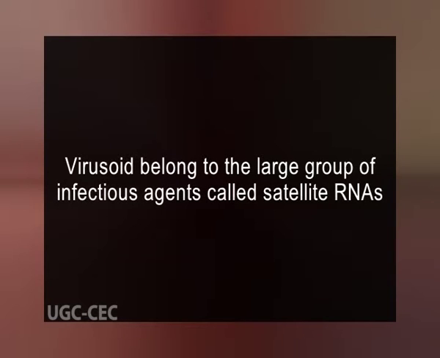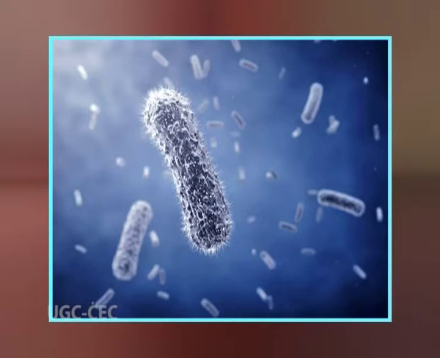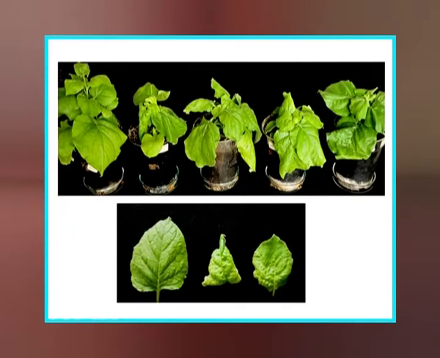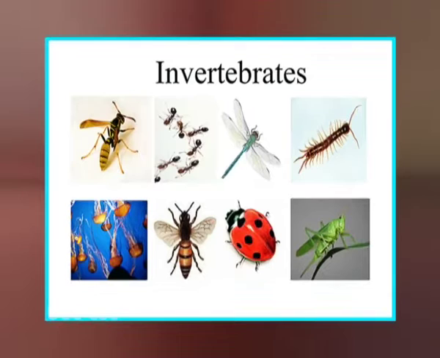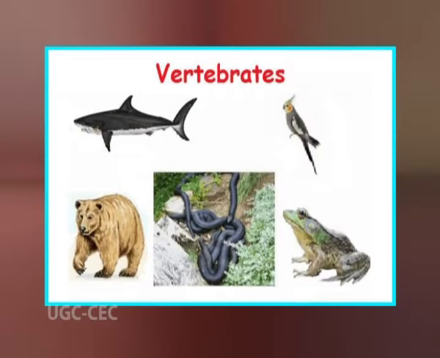Virusoids belong to the large group of infectious agents called satellite RNAs, which are found in bacteria, plants, fungi, invertebrates, and vertebrates. Some satellite RNAs encode proteins and are called satellite viruses, and like virusoids they must co-infect with a helper virus in order to replicate.